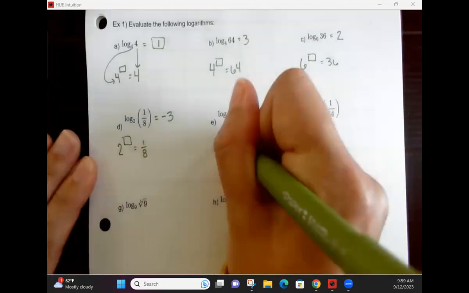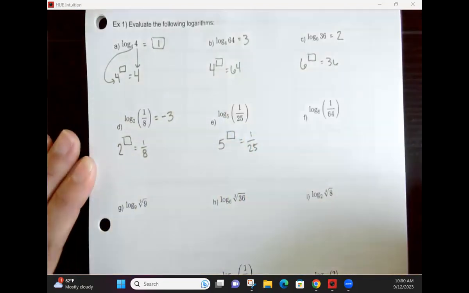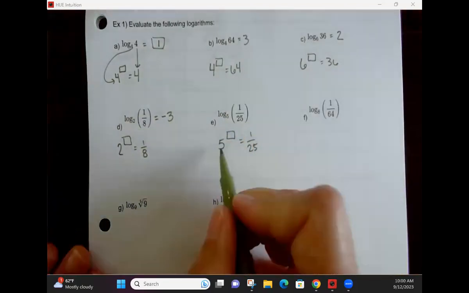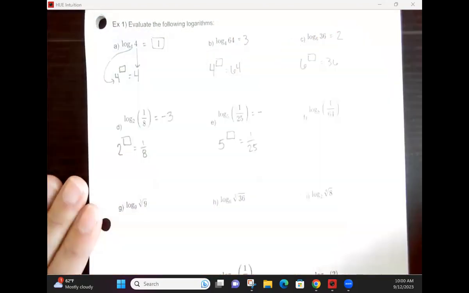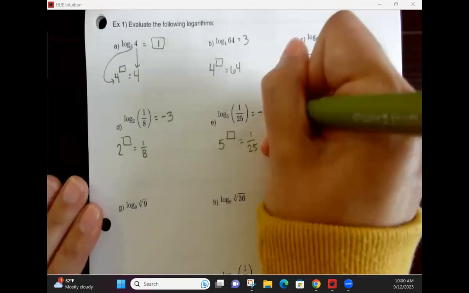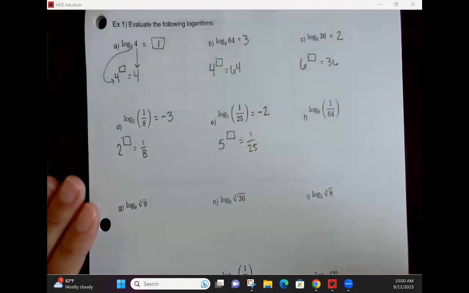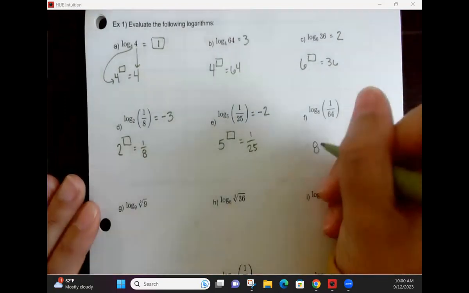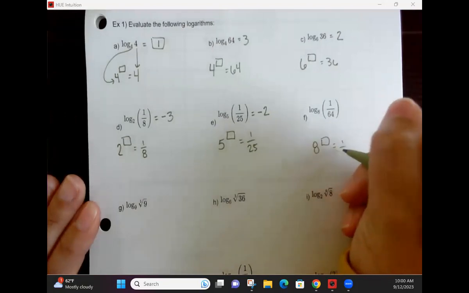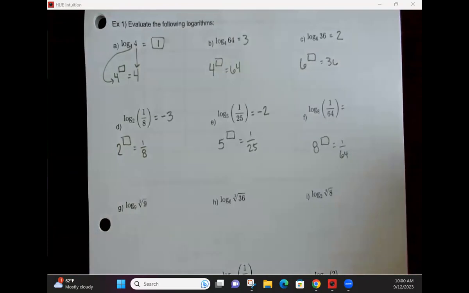For E, 5 to what power gives me 1/25? Again, I've gone from a whole number to a fraction. That means we took a reciprocal. So this had to be negative, and then 5 squared gives me 25. Last one in this second row, 8 to what power gives me 1/64? -2 again.